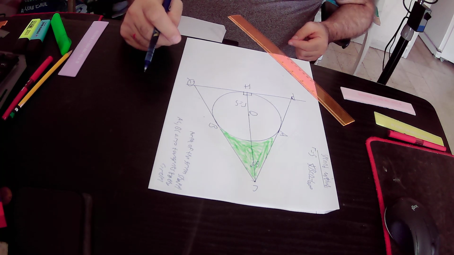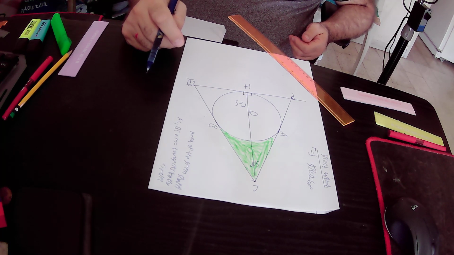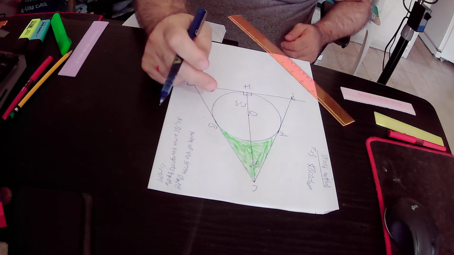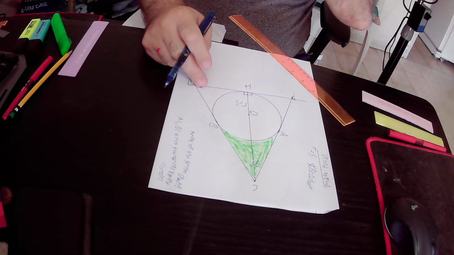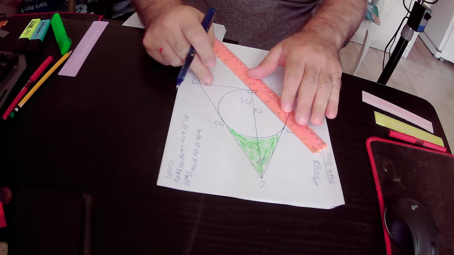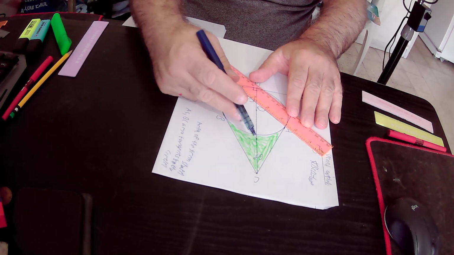According to what I have already shown you in method 1, this angle is 30 degrees and this angle is also 30 degrees, but I will explain one more time why they are equal to 30 degrees.